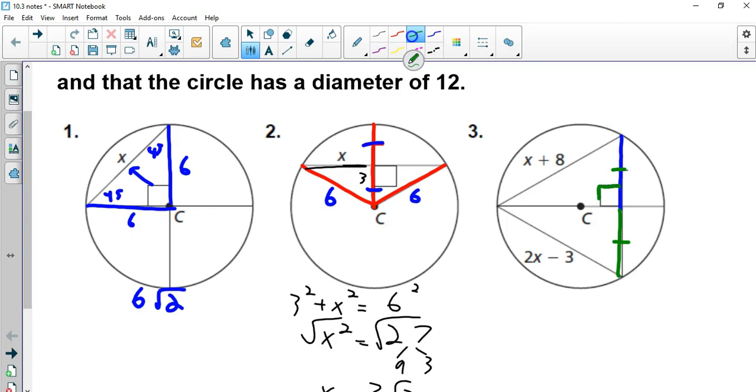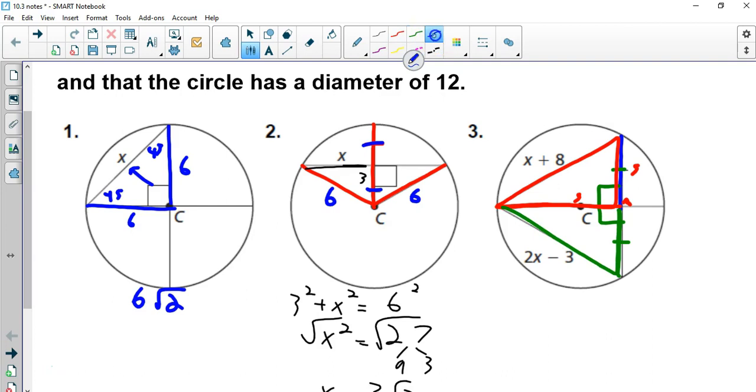If this is a 90-degree angle, this is a 90-degree angle. And by our favorite old reflexive property, that piece is equal to itself. Which means, by side, angle, side, we know this triangle is congruent to this triangle.